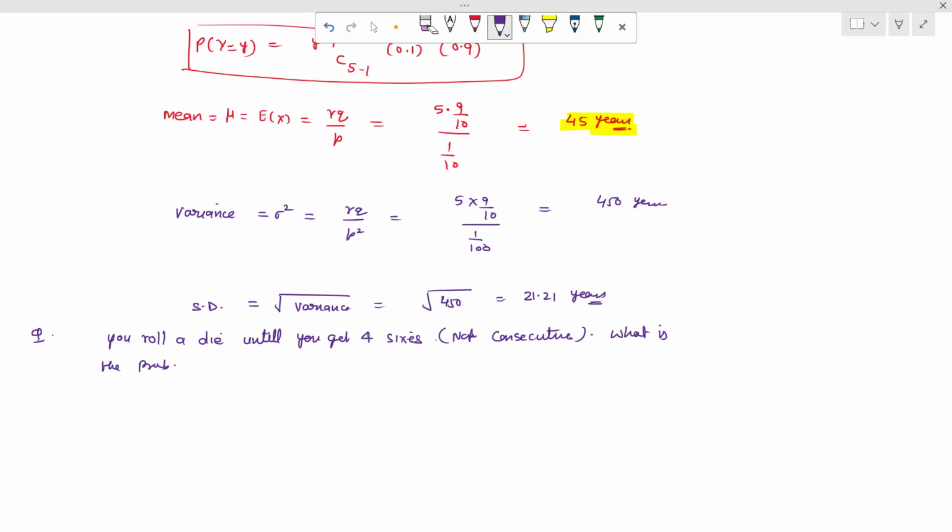What is the mean and SD of the number of rolls you will make?